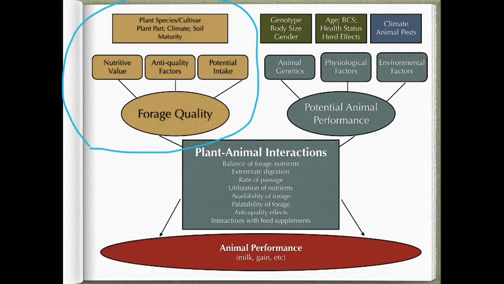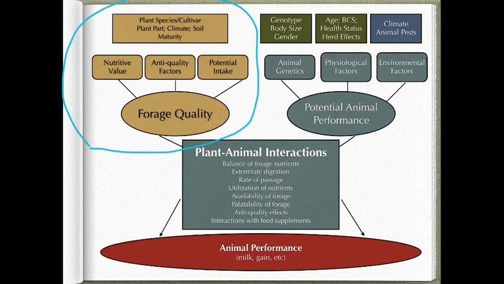Climate can play a role, soil, and what's happening within the soil, the maturity of the forage, and a variety of other things. And all of those contribute to the three big ones in terms of forage quality. They're going to contribute to the chemical composition or the nutritive value. They're going to contribute to any anti-quality factors that may be in the plant, and they're also going to contribute to the potential intake of that forage by an animal.